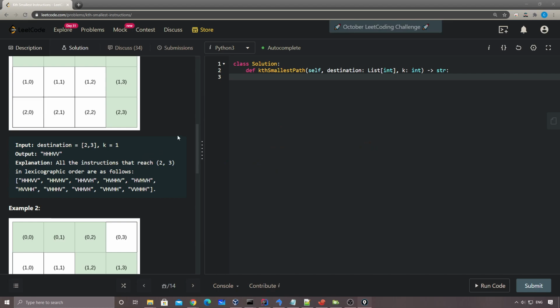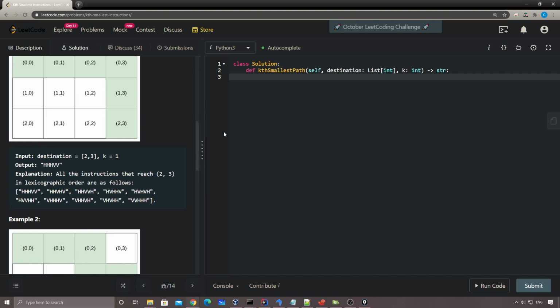Actually, this problem is more like math plus DP plus greedy. I'll give you some examples here. Since we have a K, let's say we have HHV, and then X, X, X, X, X, X here.